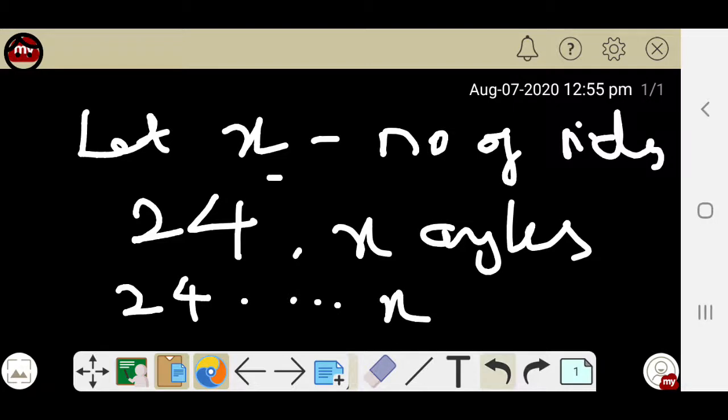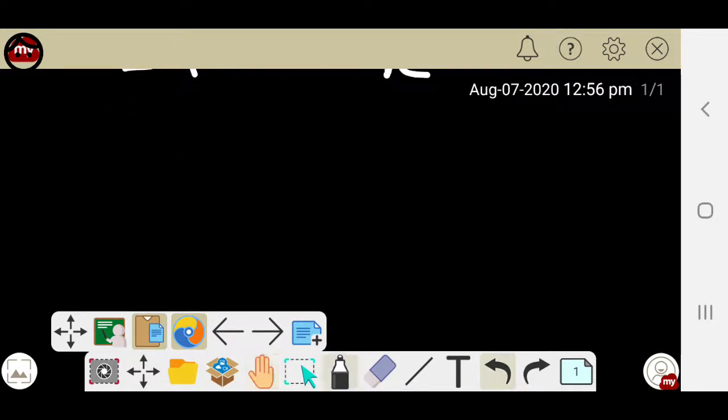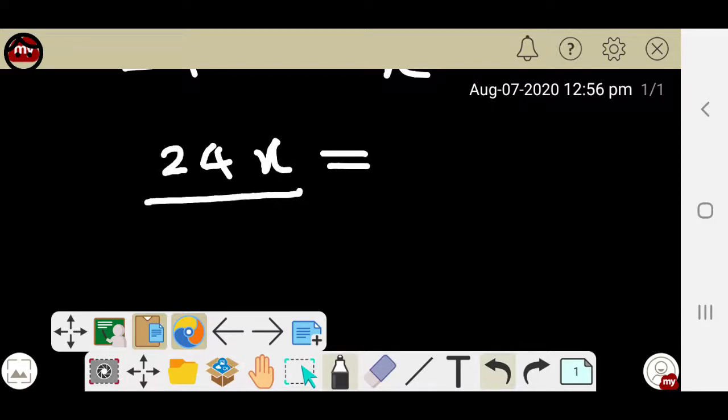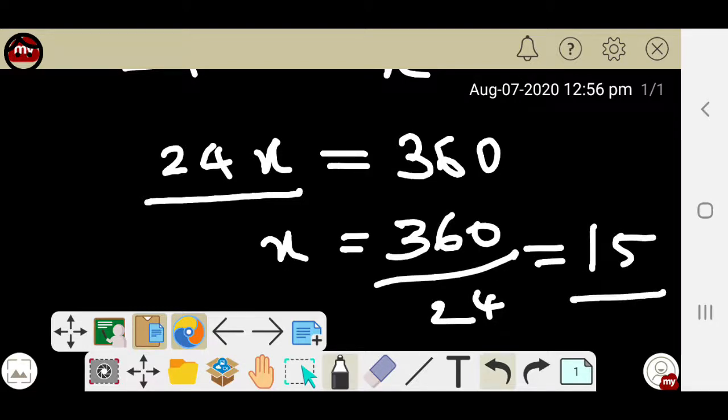So adding 24 x times means 24x. That is the total sum of angles. So 24x equal to total exterior angle 360. X equal to 360 by 24. What is that? 15. So what we can tell? There are 15 sides.